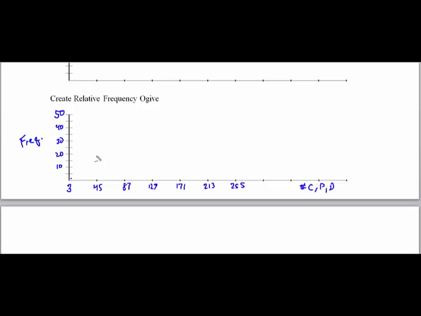And 19 we're going to put right here at the 45, and we're going to do that because we have 19 states that are less than or equal to the 44 that we had, but we'll put the dot right there at the 45 because that's going to continue a new jump, because this is going to jump all the way to 36, and it's going to do that right about here. And that right there, that 36, this represents the 36 states that have less than or equal to 86, or 86.5 if you used boundaries.